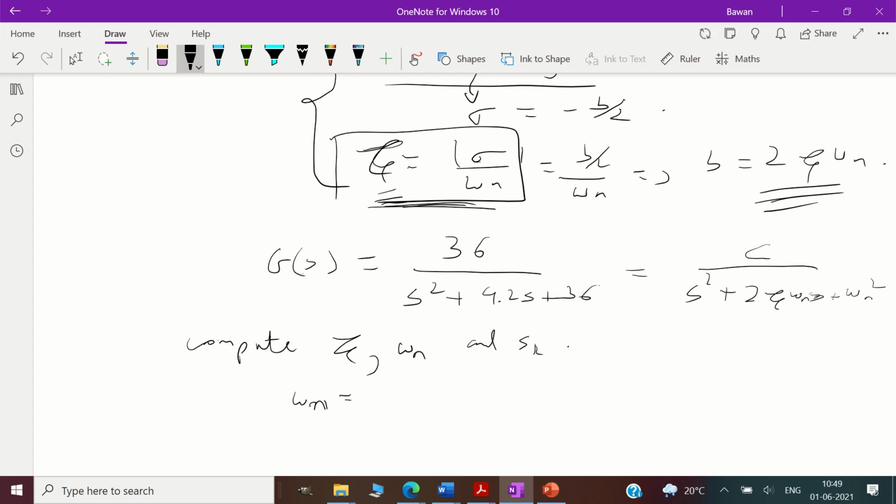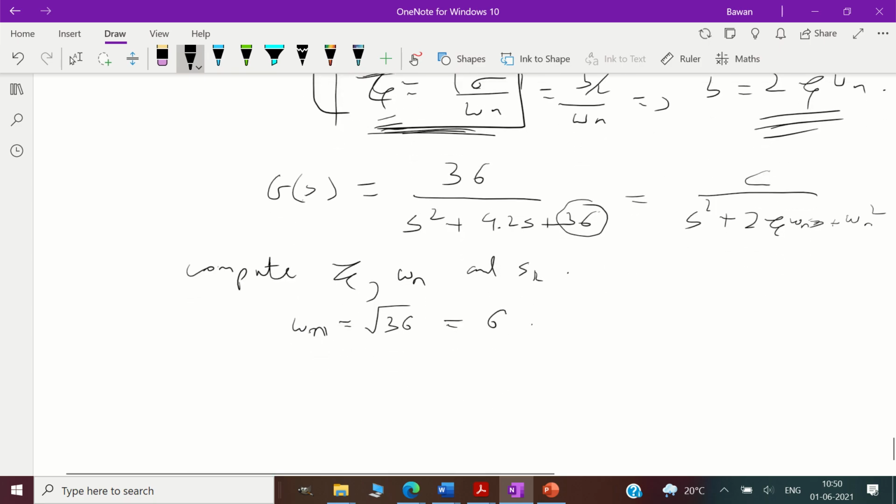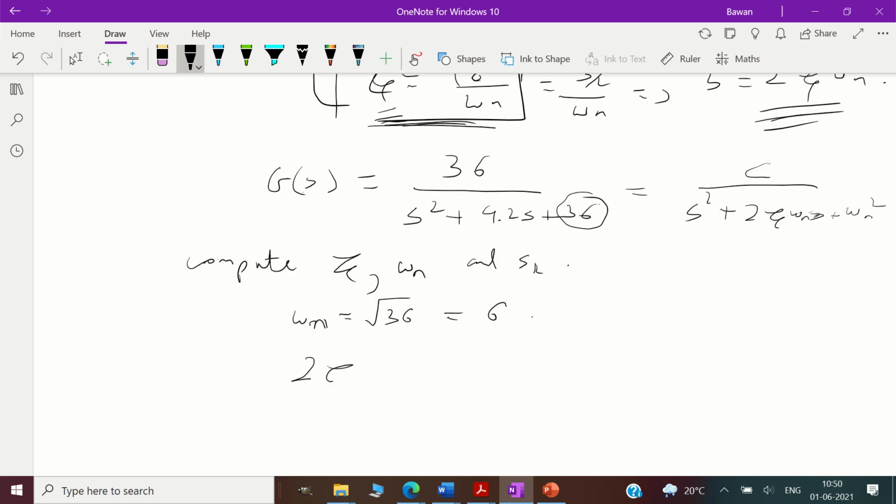So this is actually omega n square. So omega n is root over 36, which will give you 6, right? And this 2 zeta omega n is equal to 4.2, because if you compare this b term with this, you will get this.